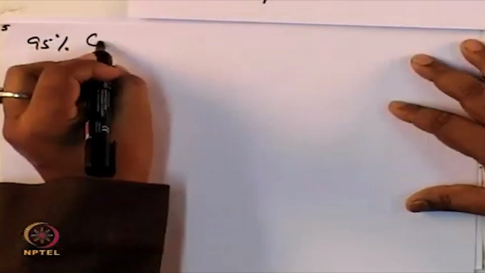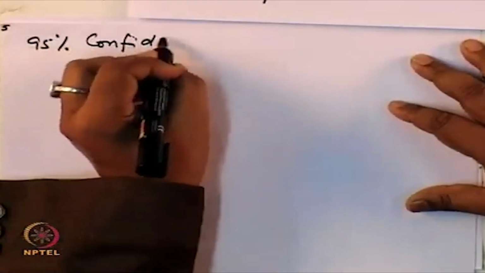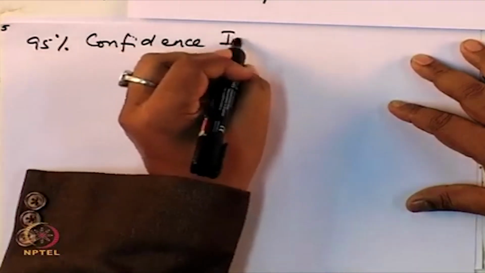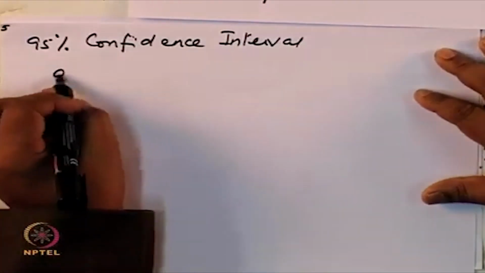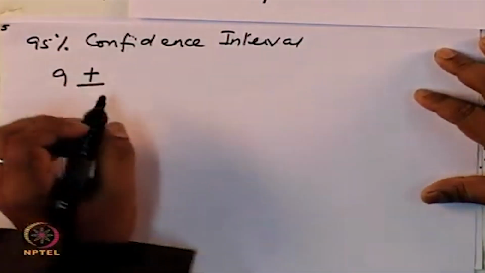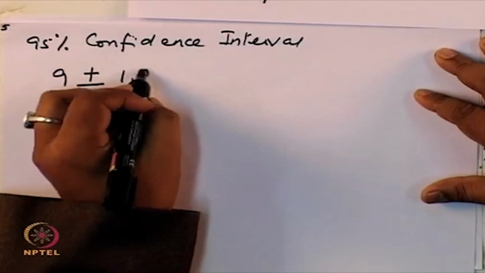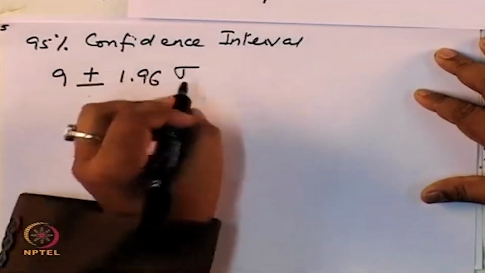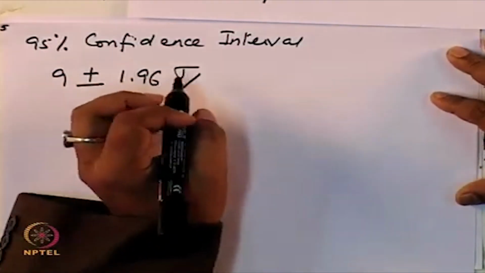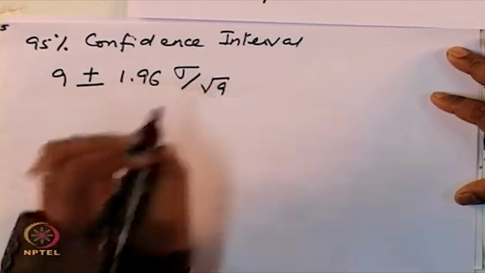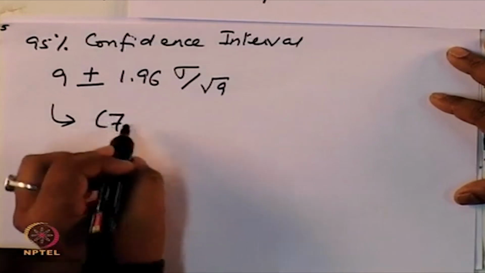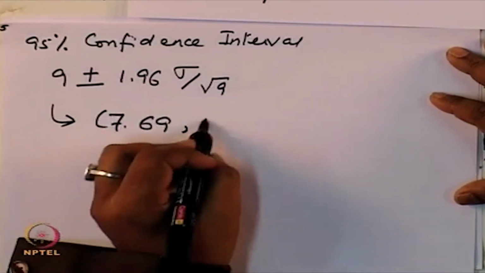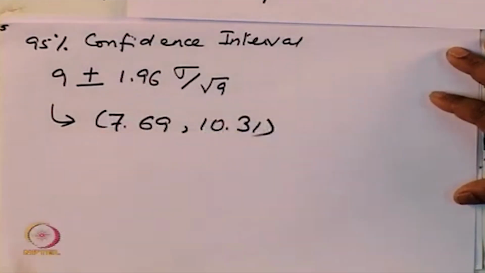This would mean my 95% confidence interval has to be 9 plus or minus 1.96 into sigma by root of 9. If you plug in the values, this comes out to be 7.69 to 10.31.